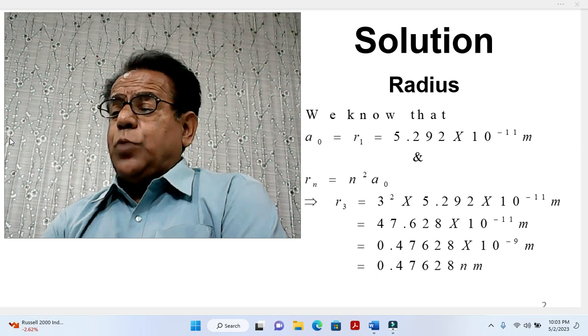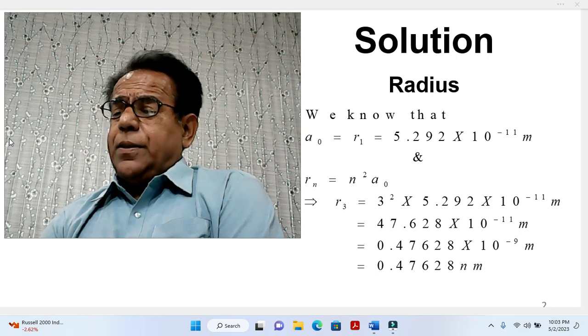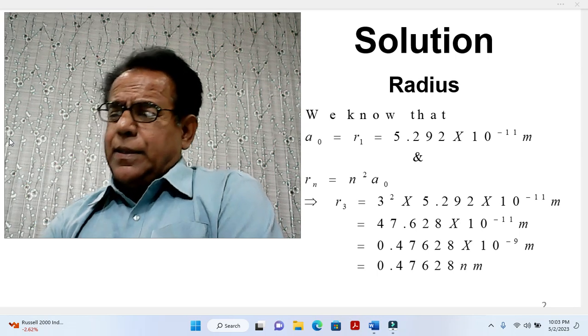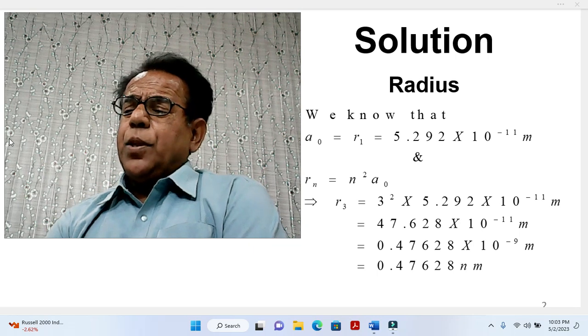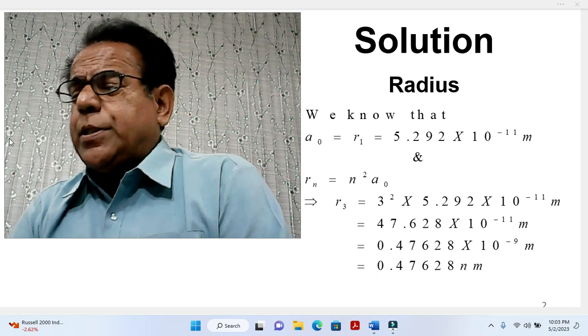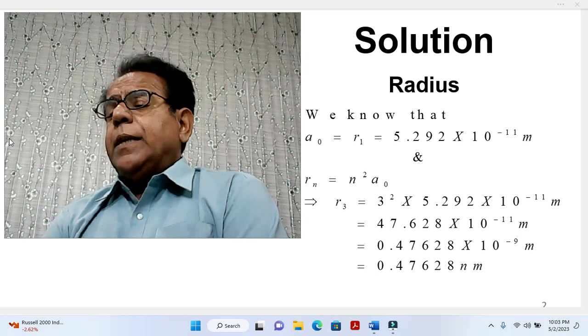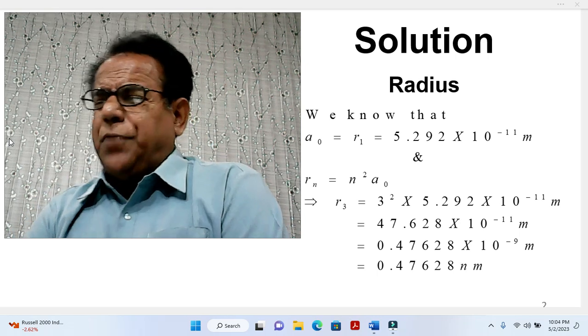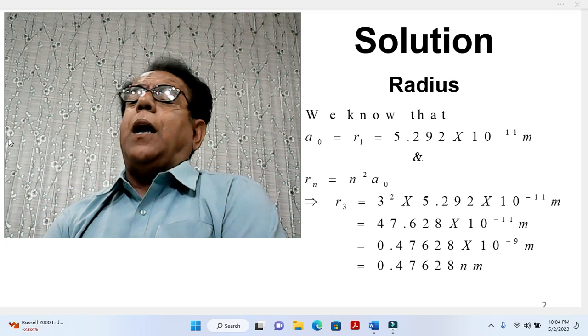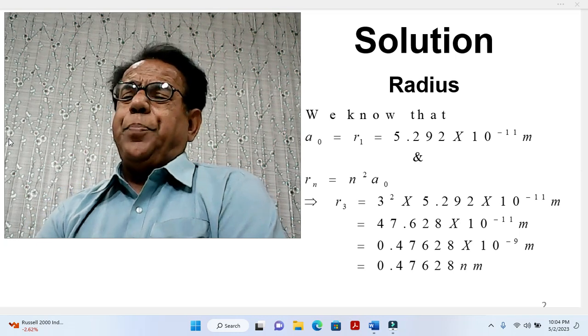But unfortunately, here all quantities are after the decimal. So at the most, we can simplify it as 0.5 nanometer, that is about half nanometer.